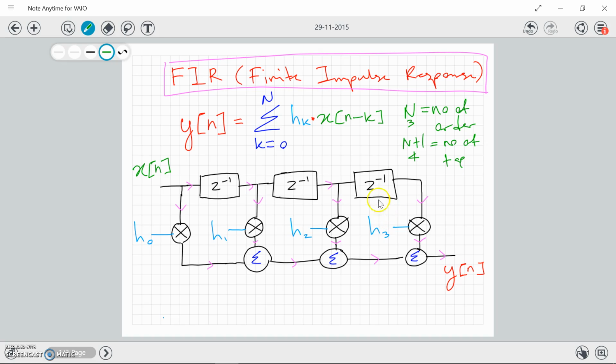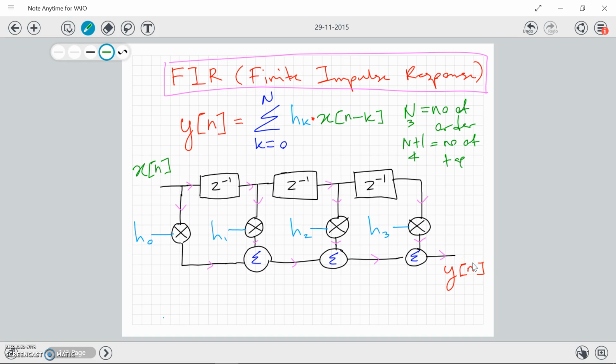In this mathematical form, we have one output, the impulse response, and also the delayed input. This is the block diagram representing the mathematical form. Whenever you have an input, you multiply it with the impulse response, then add it with the following delayed input multiplied with its weightage. You repeat the process until you get the output for n equal to 0.